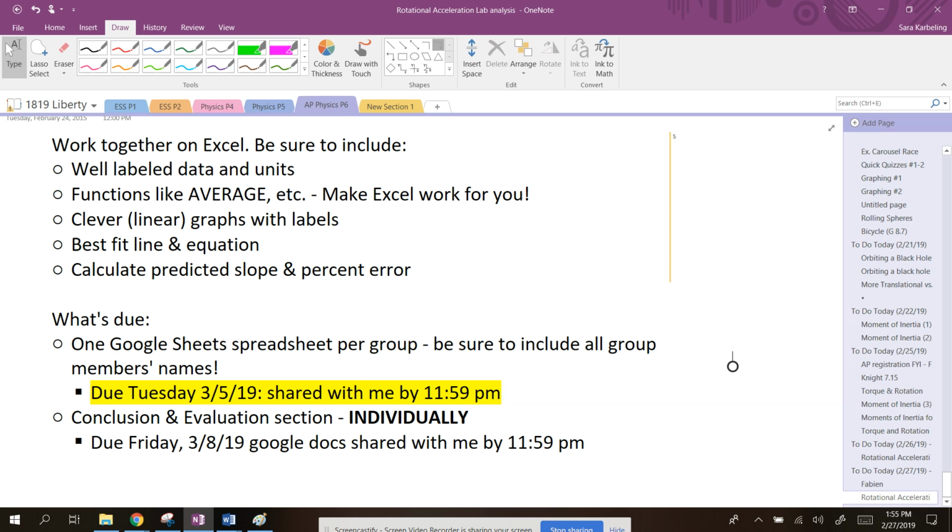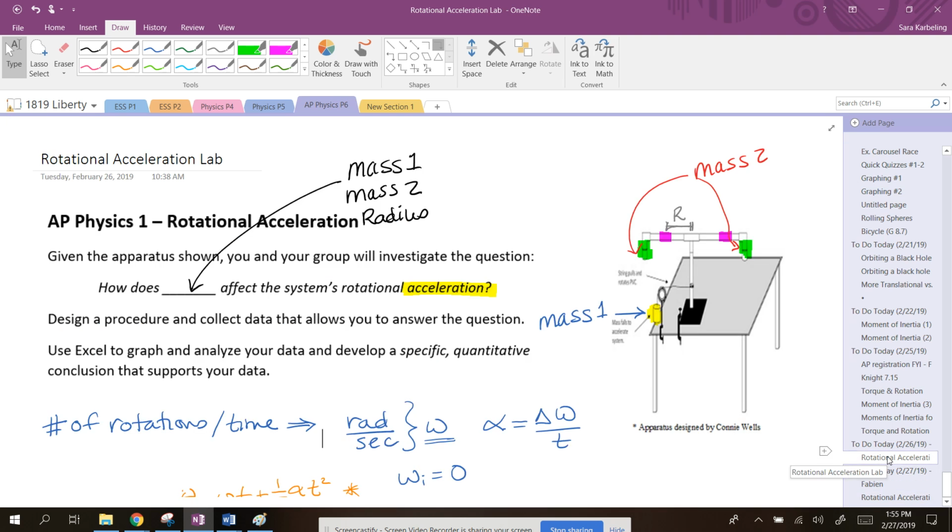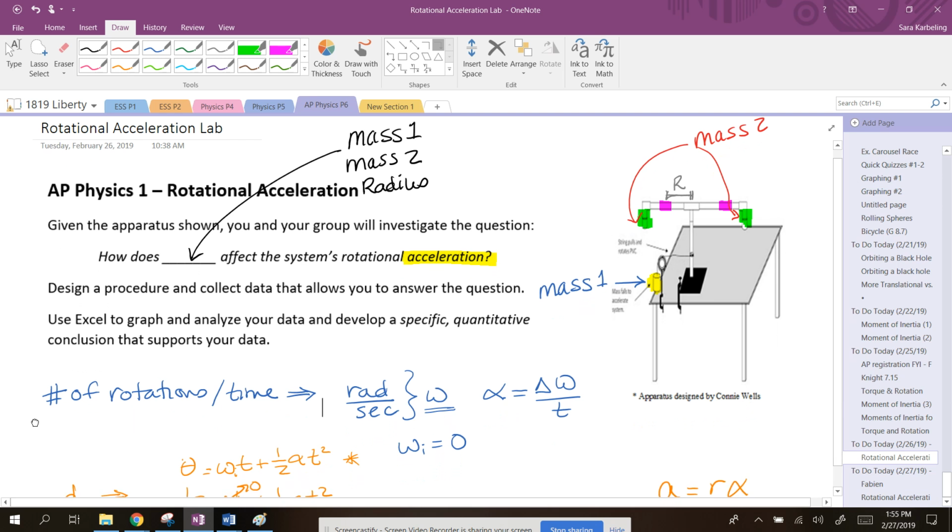Okay. So your task right now, the first thing that I want you to do is with your lab group, you need to sit down before you get any equipment. And I would like you to figure out, and this may take all the rest of the period, and that's okay with me.